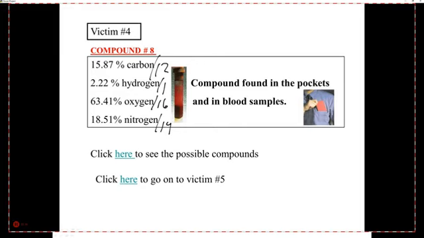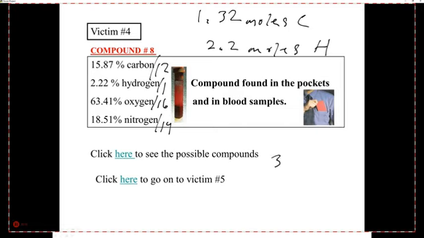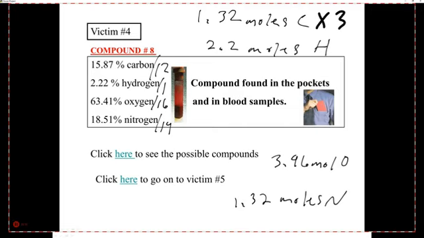What you're going to end up getting is 1.32 moles of carbon, 2.2 moles of hydrogen, 3.96 moles of oxygen, and 1.32 moles of nitrogen. All right, and what you're going to do is multiply all of these numbers by 3.